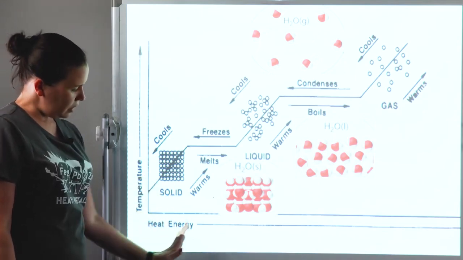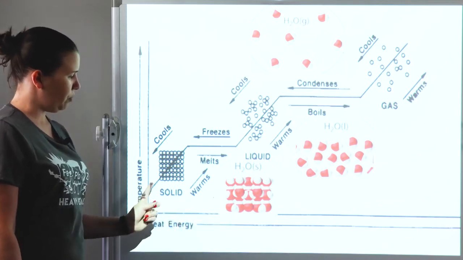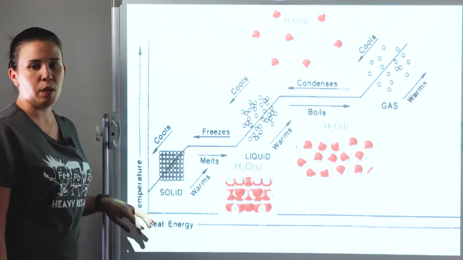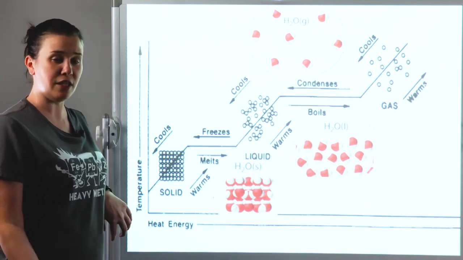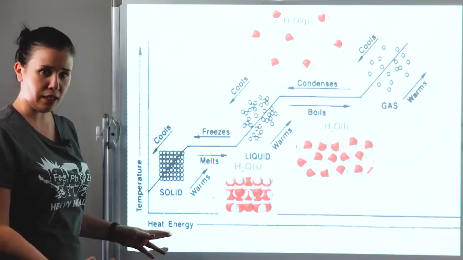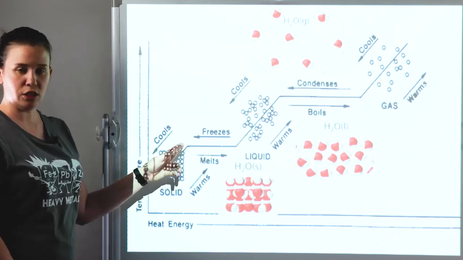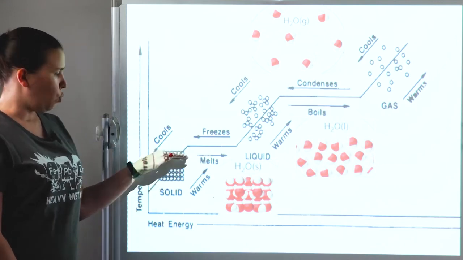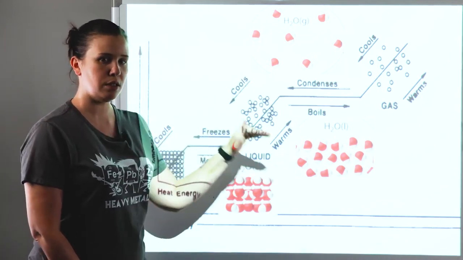So as I add heat energy or apply heat over time, the temperature will increase. Remember that temperature is the average kinetic energy. That is the definition for temperature, average kinetic energy. So according to KMT, adding heat energy will increase the kinetic energy, and so you should see an increase in temperature.